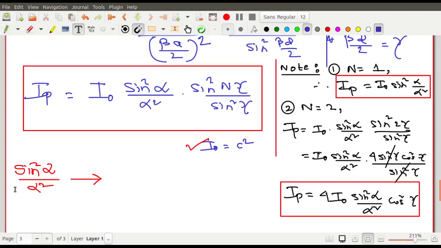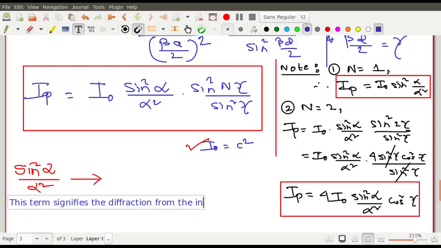This is due to the diffraction of light from the individual slits. So this term signifies the diffraction from the individual slits.